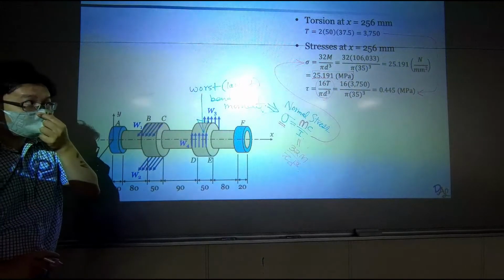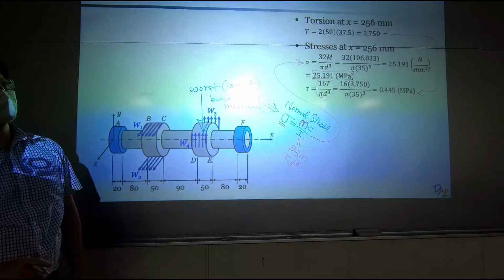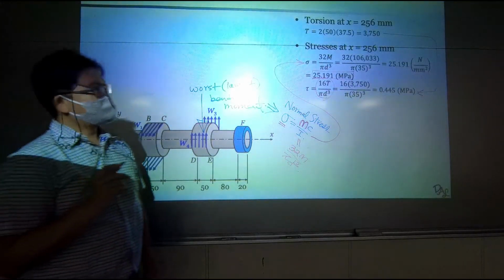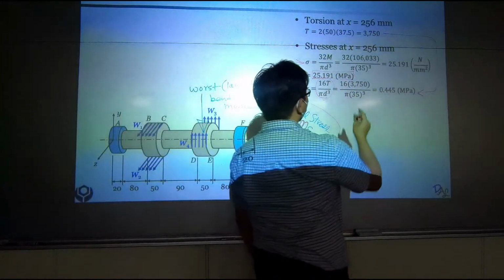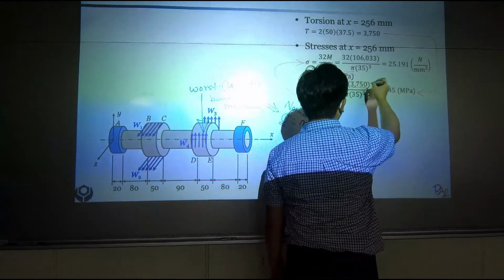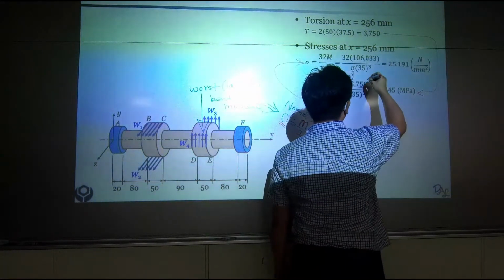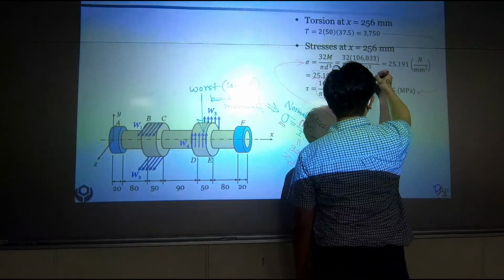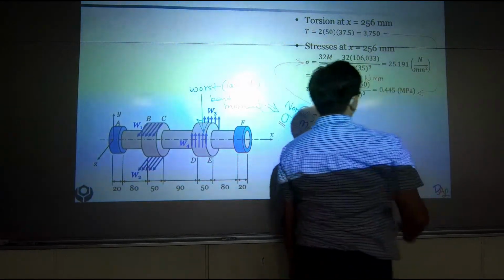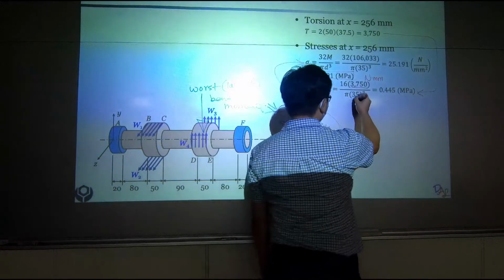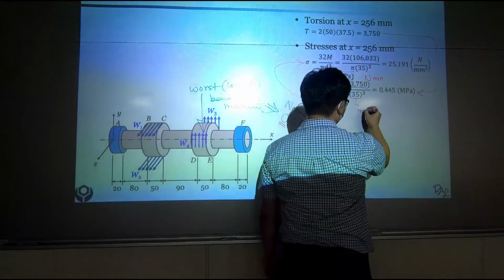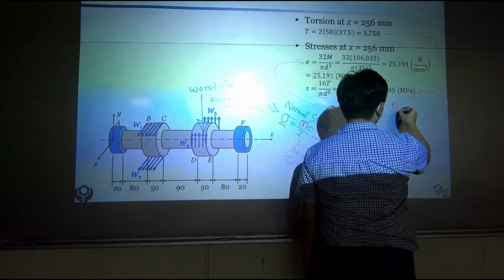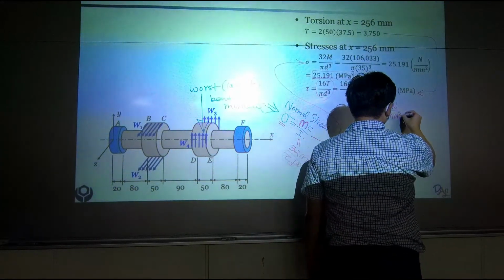And with that, we can calculate the stress using the equation 16T over pi d cubed. How come the unit is megapascal? Because the moment that we are using has a unit of Newton times millimeter, and over here we are using millimeter cubed. So overall we have Newton over millimeter squared.